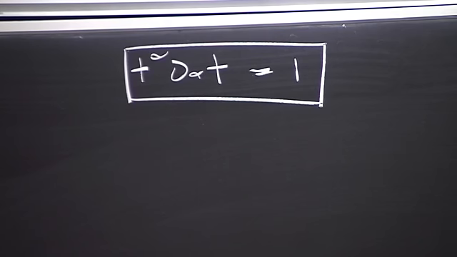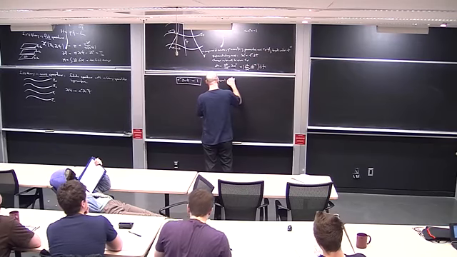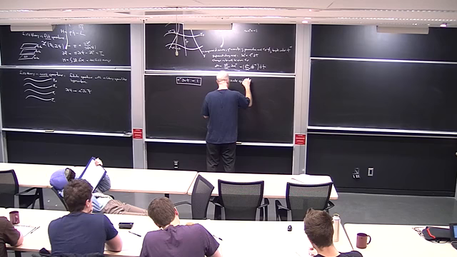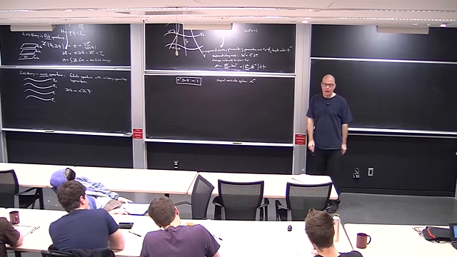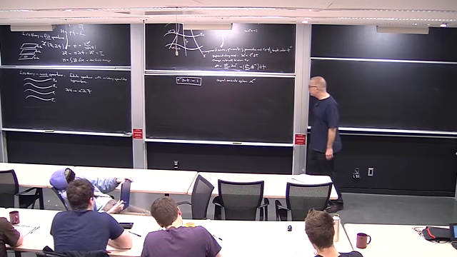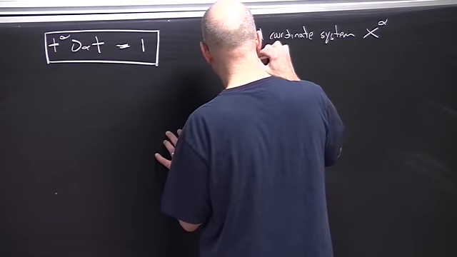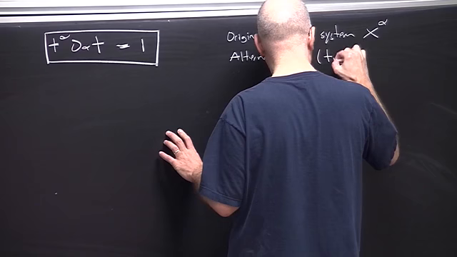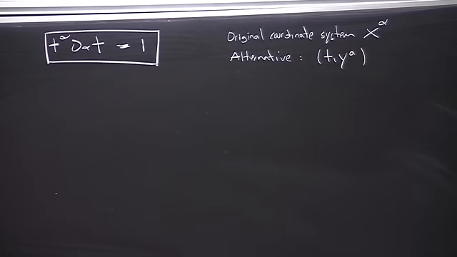So we had the original coordinate system x alpha, and of course, at the end of the day, I want to retain complete freedom in setting up this coordinate system, but the construction gives me an alternative, and the alternative is given by the time function and the spatial coordinates ya.